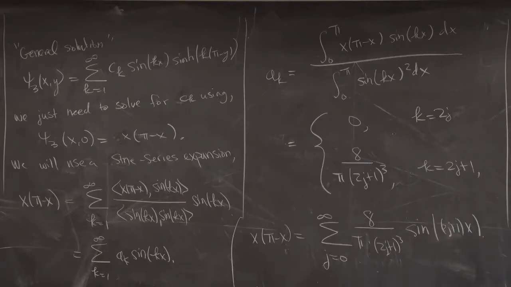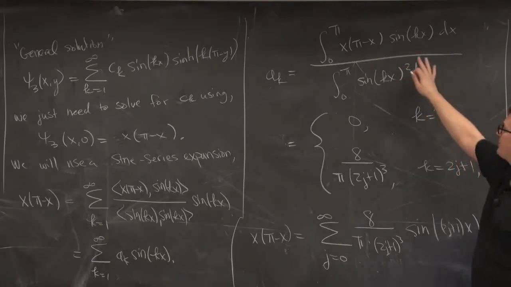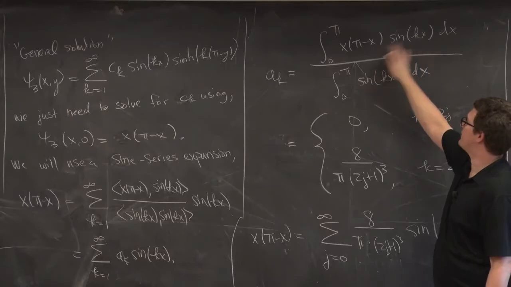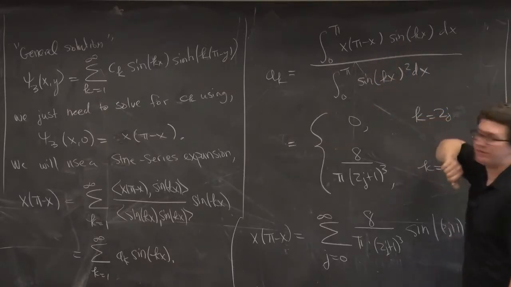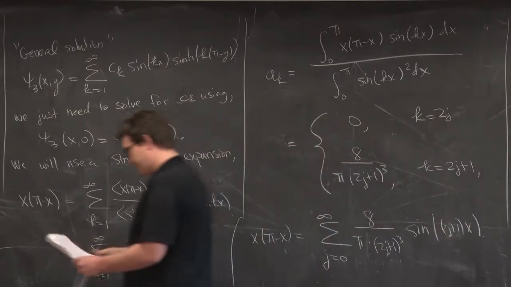This is what we get, on the interval from 0 to pi. Again, the most computationally expensive part, the pain in the butt, is computing those integrals. And this is what the answer is.